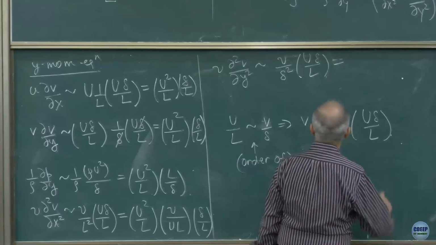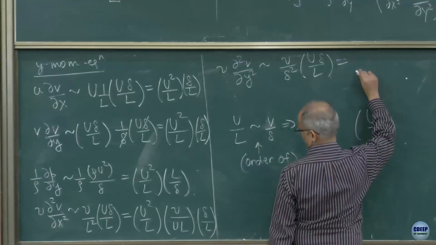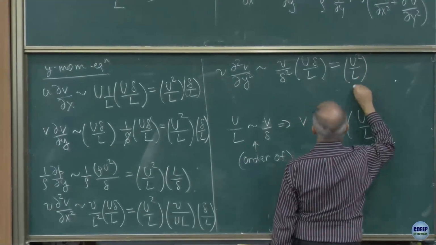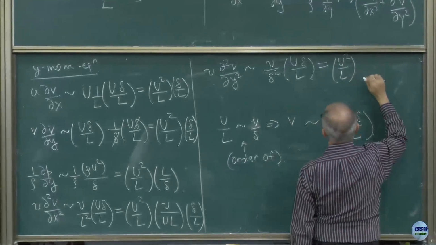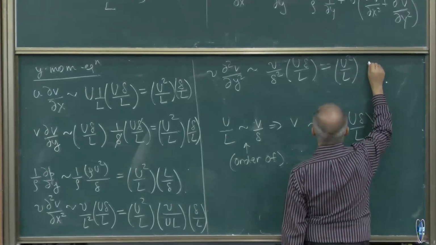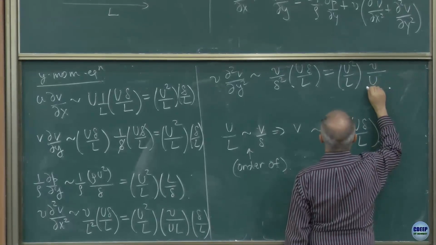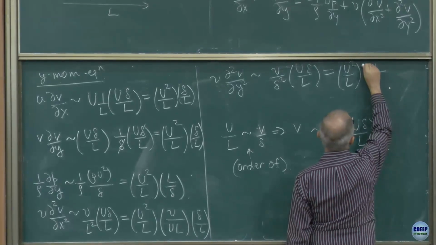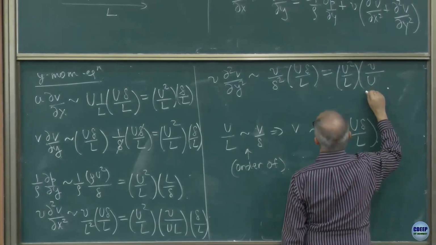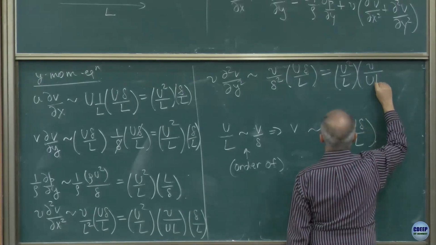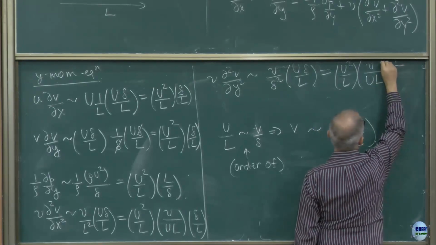Okay, now here what is this term? Again, let us make u square upon L common. So I get nu upon capital U, and maybe let us put L here and L here.